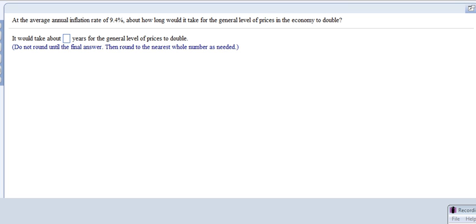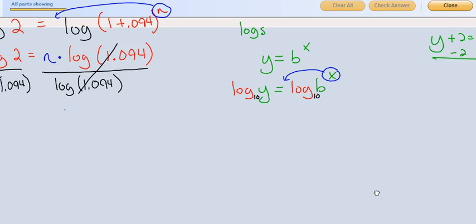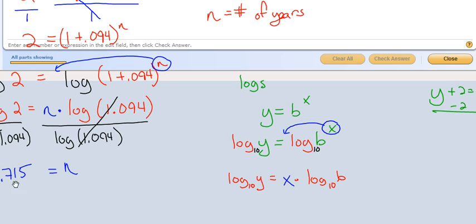So in this case, what we're seeing is that when we get to the spot and look at what we have, we see 7.715. I was having trouble getting there, if you couldn't tell. And so in that case, that's going to round up to about 8 years.